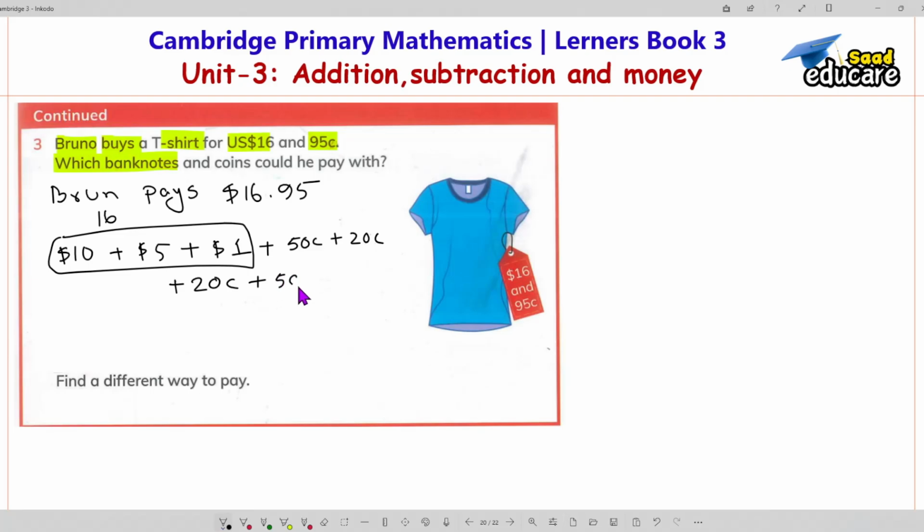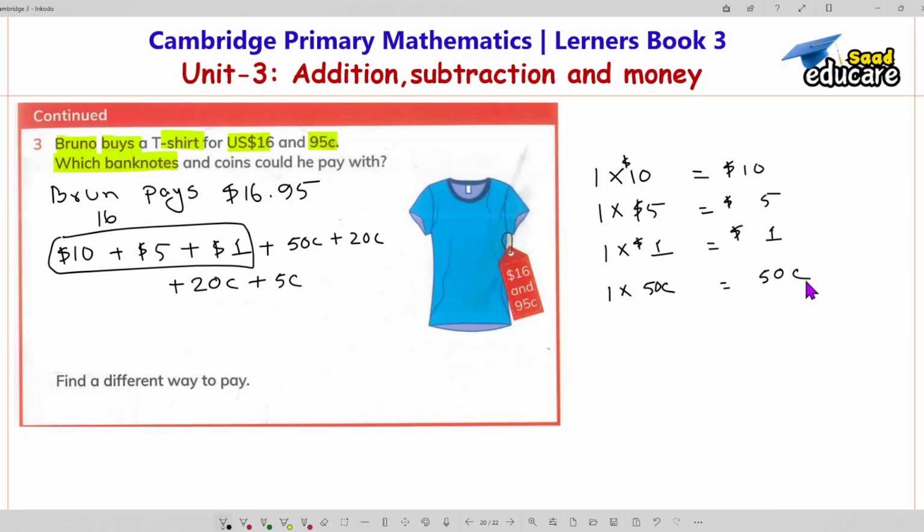So we can consider it like this: 1 times $10, it becomes $10. It means one $10 note, 1 times $5, so $5. 1 times $1, so $1. 1 times 50 cent, so this is 50 cent, and 2 times 20 cent.